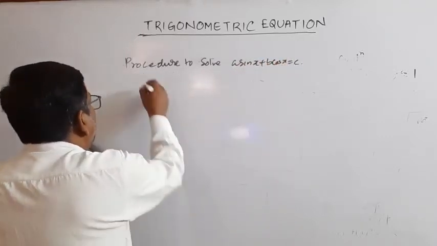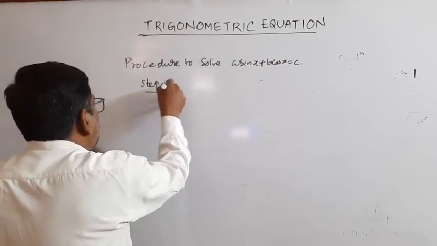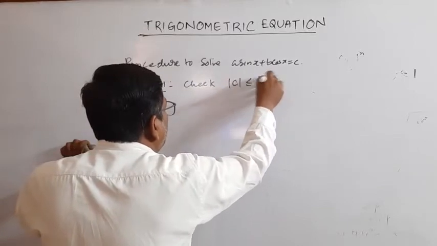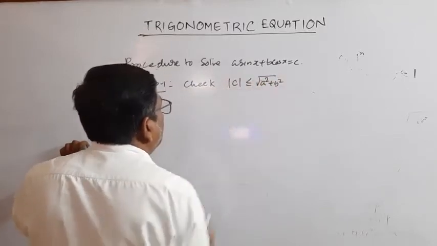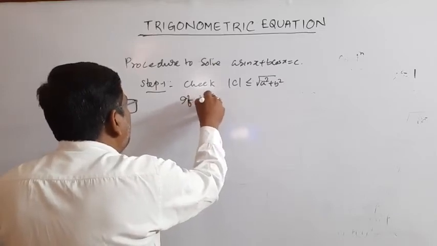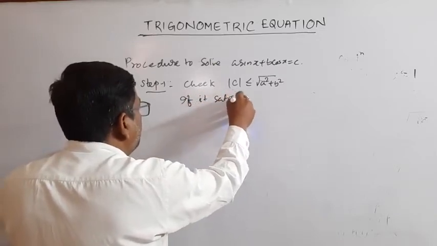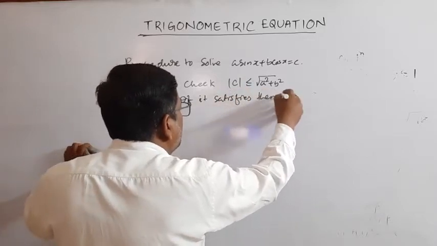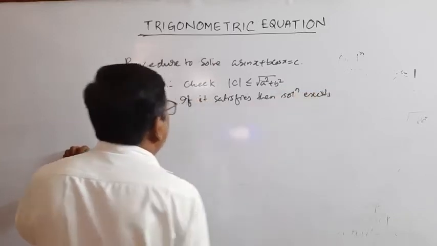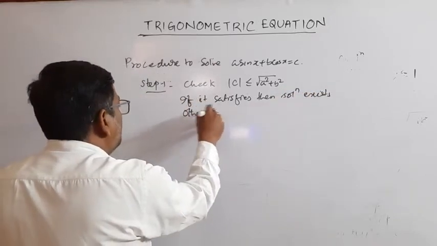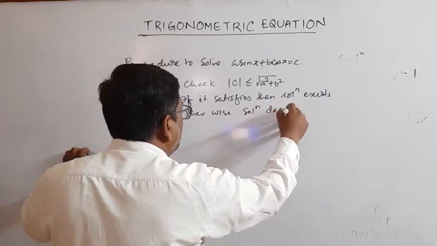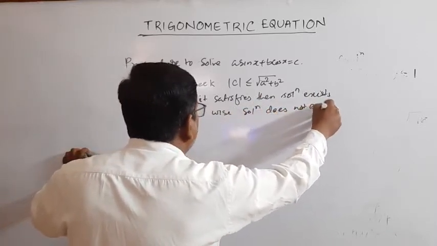Step 1: check mod c less than or equal to root over a square plus b square. If it satisfies, then the solution exists, otherwise the solution does not exist. Step 2.